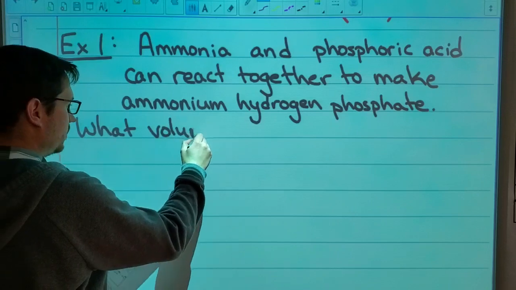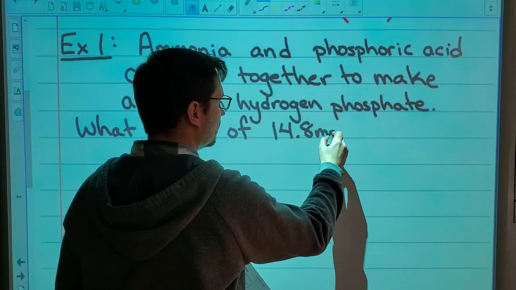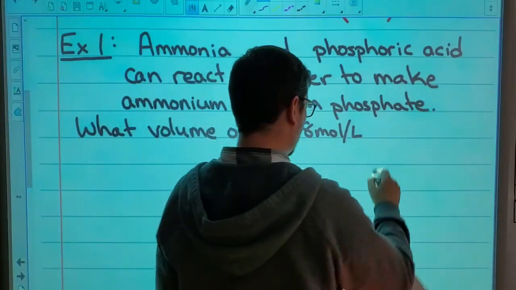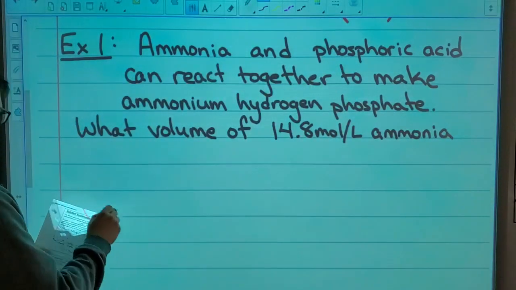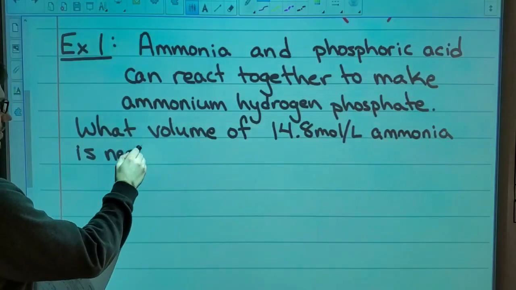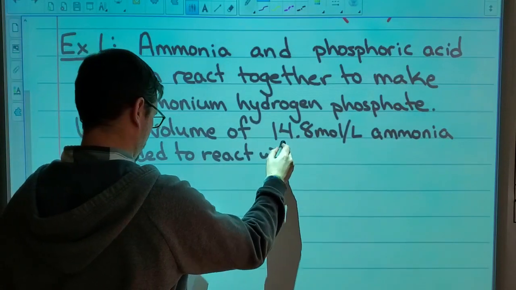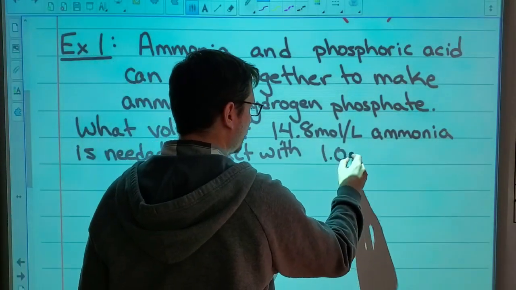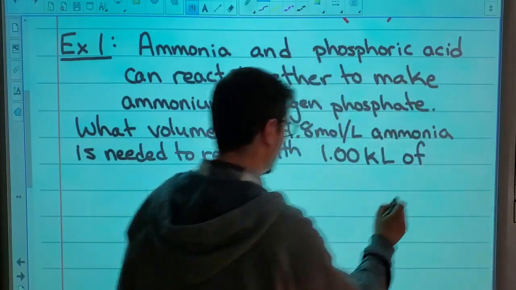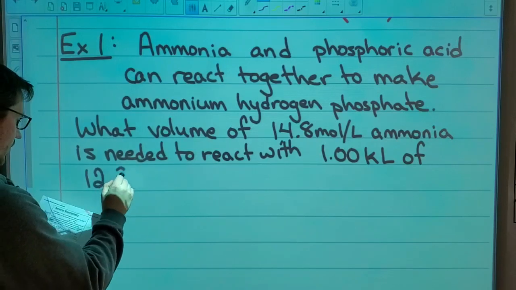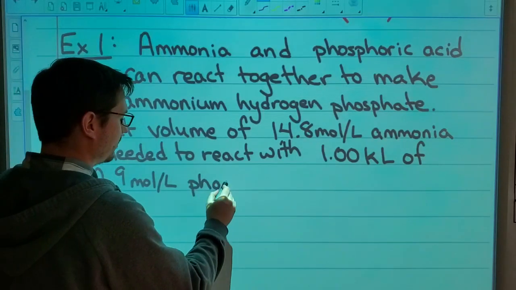What volume of 14.8 mole per liter ammonia is needed to react with 1.00 kiloliters of 12.9 mole per liter phosphoric acid.